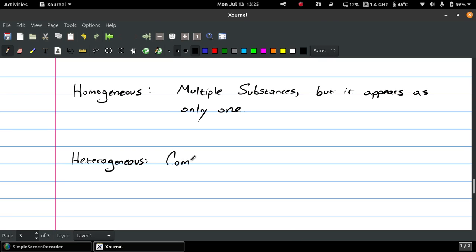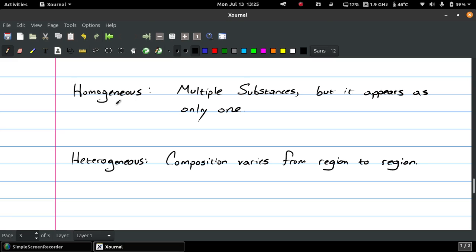All right, so these mixtures are clearly different. If you remember, homogeneous was, say you had like water and CO2.